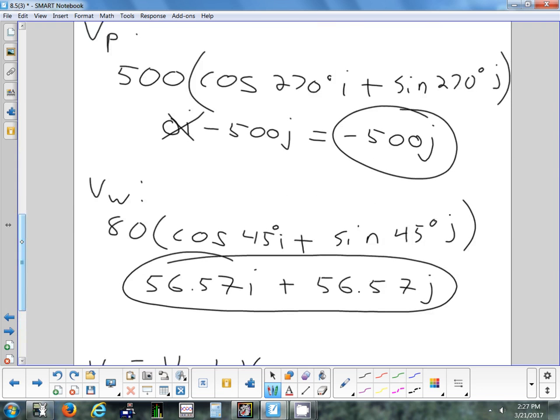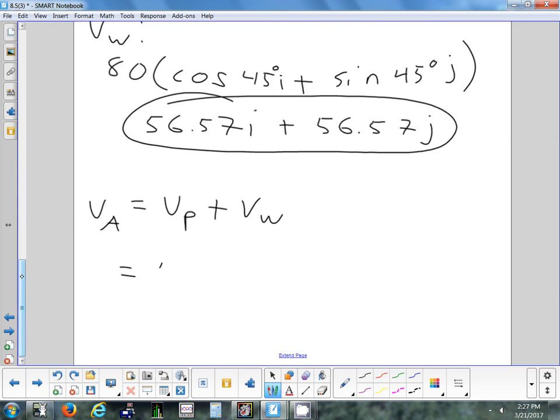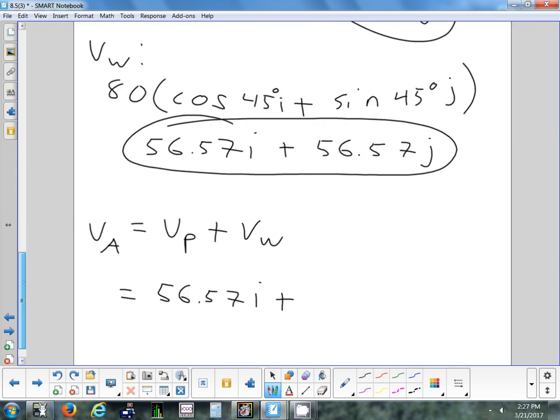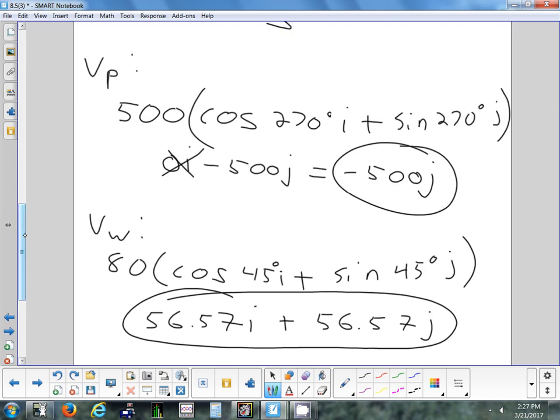The I component. Is there any I component for the plane? No. So when you combine that with the I component for the wind, it's 0 plus 56.57 I. Okay, plus, is there a J component for the plane? Yep, negative 500.